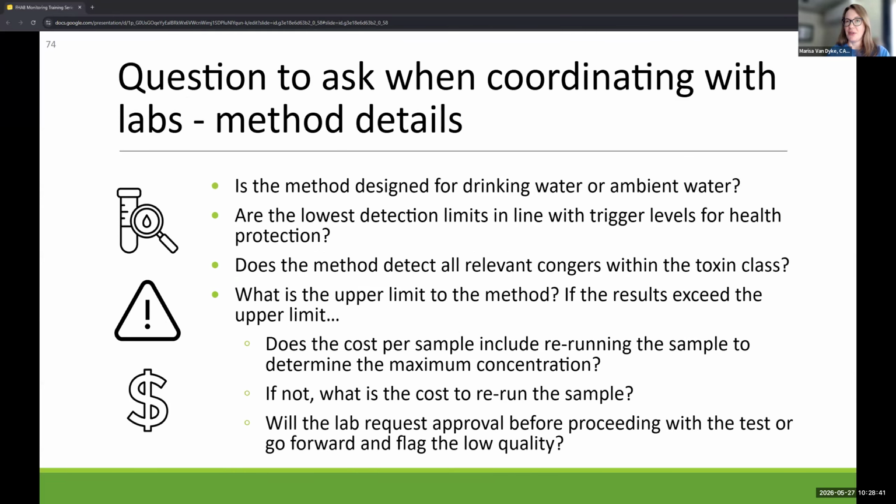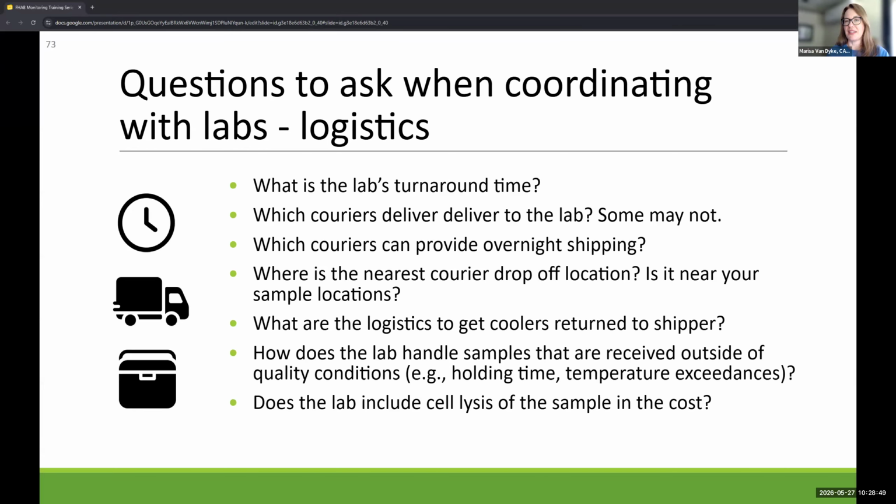Some other questions are also presented here. Again, frequently asked questions. Asking about cell lysis. Oh, sorry, that's on the previous slide, right here on the bottom. Cell lysis is really important in learning if it's part of the sample costs, because again, that sample that you've collected contains particulates, right?